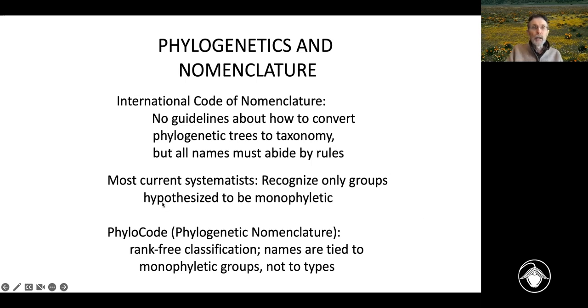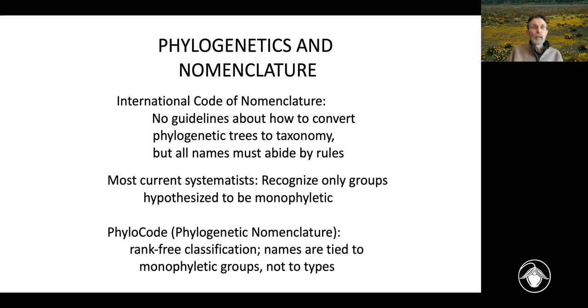There is, however, another code of nomenclature proposed now called the PhyloCode, and it's only been instituted for a couple of years now. And it applies what's called phylogenetic nomenclature, and it's rank-free classification above the level of species. There are no genera, there are no families, there are no orders, classes, or phyla, or divisions. They're just names for clades.